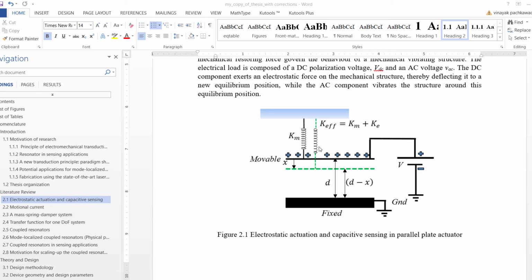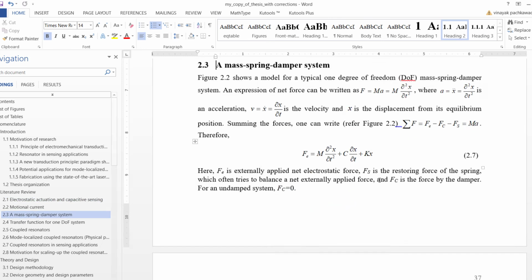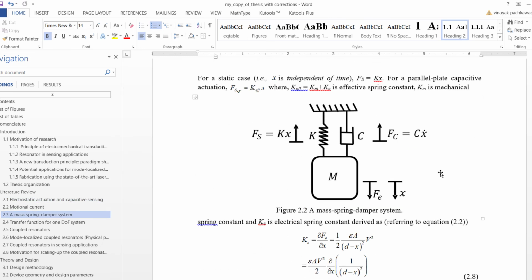So this system can be represented by a physical system, a mass spring damper system. Simple 1 degree of freedom mass spring damper system, such as this.